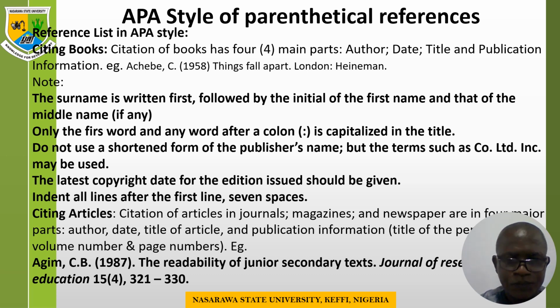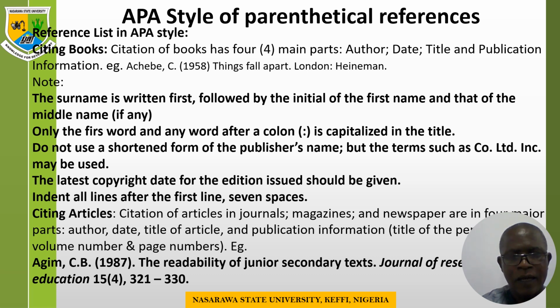For example, Ajim CB 1987, the readability of junior secondary texts in Journal of Research Education, volume 15, number 4, at page 321 to 330.